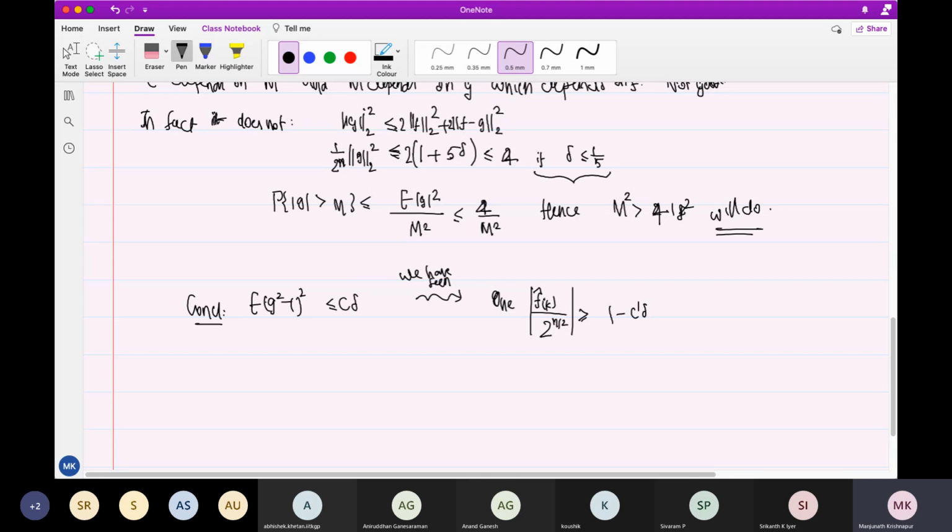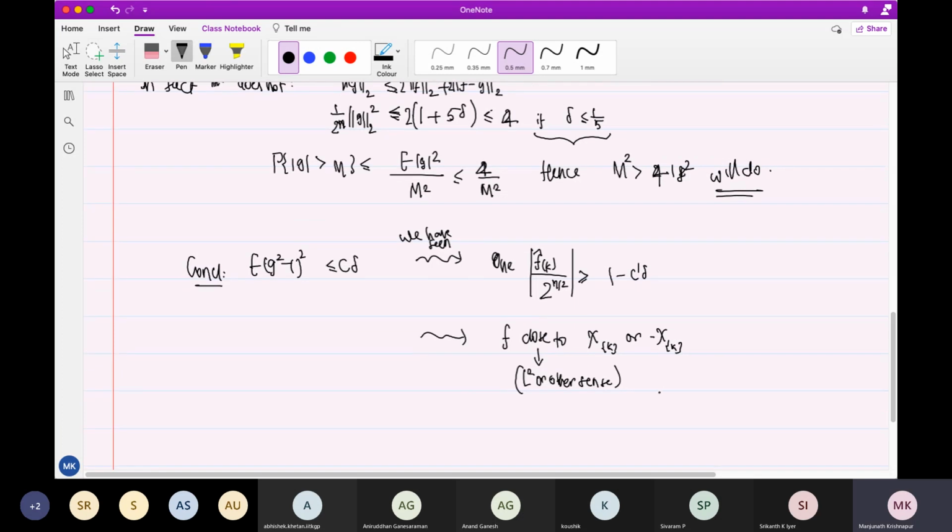It's close to 1. So there is some Fourier coefficient which is close to 1, from which we immediately get that f is actually close to chi k or minus chi k. This closeness is in the L2 or other sense. I mean, we know that the L2 sense is equivalent to the sense given in the statement of the theorem. Okay, that completes it.